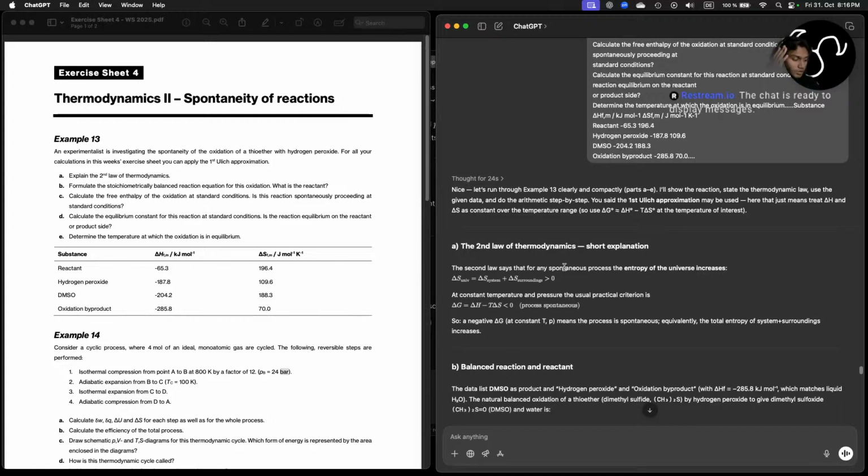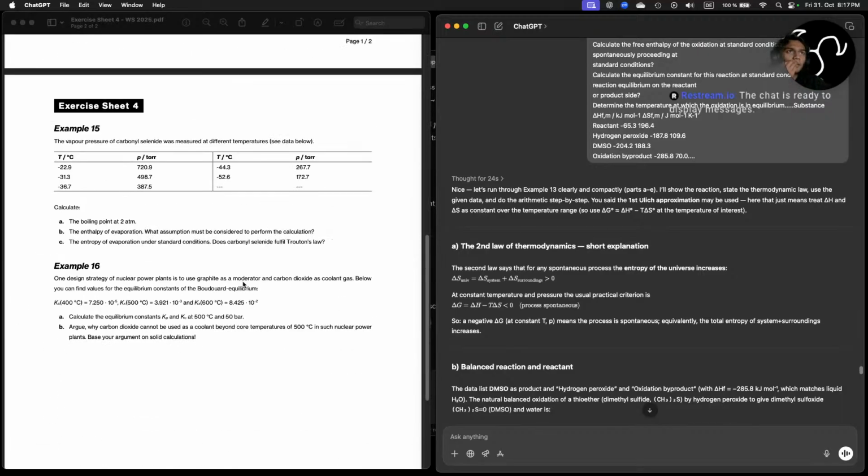I wrote a lot for example 14, okay. Damn, example 14 is a big one. Is it example 14 or 15, the bigger one?